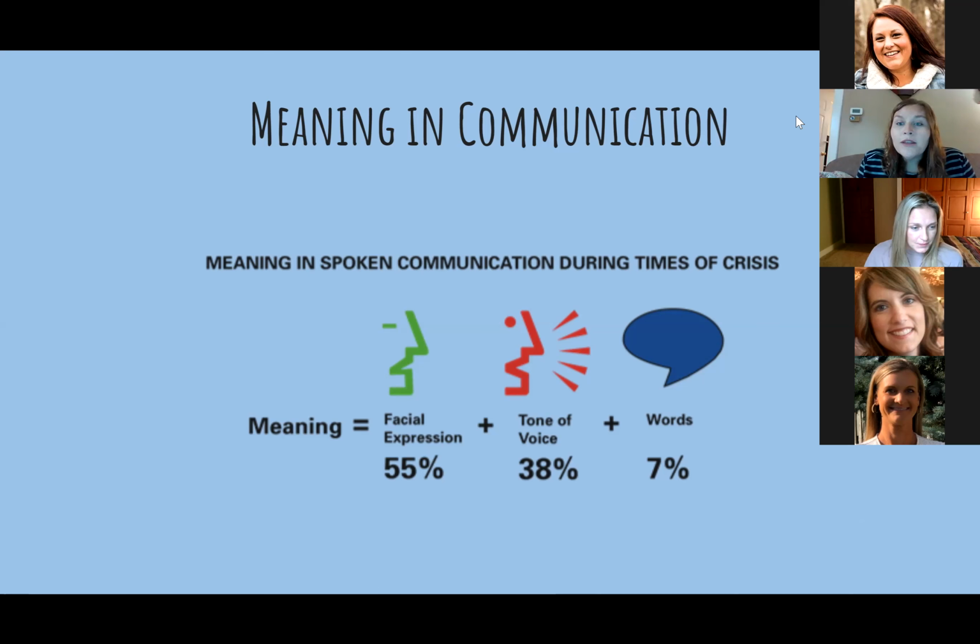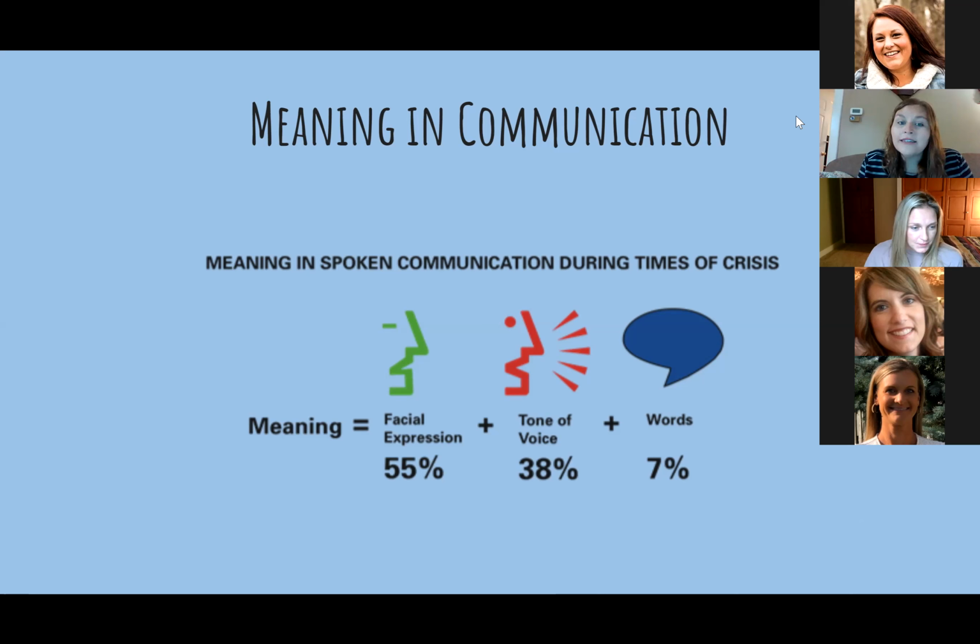So we want to be really aware of those nonverbals of kids: their facial expressions, their body language, their posture, even how quickly or slowly they're moving. All of those nonverbal behaviors also communicate meaning. And so when we're actively listening, we have to be attuned to those. Even if a student's not saying words, we can learn a lot from those nonverbals.